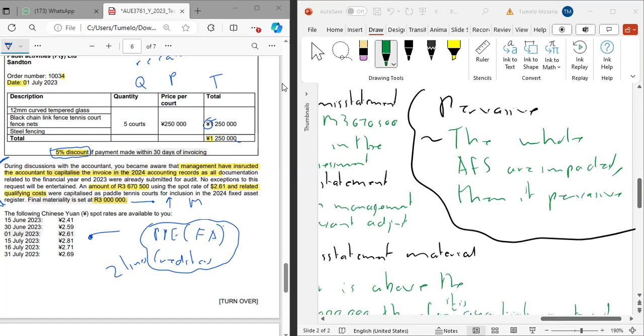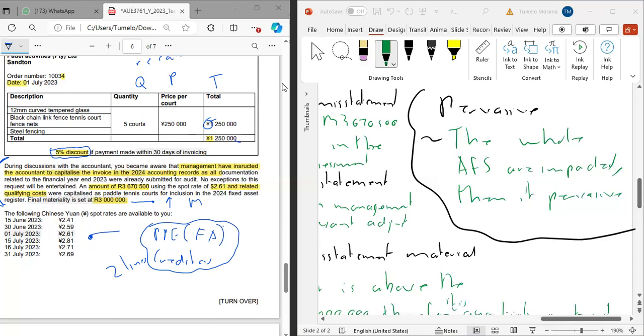Then that can qualify as a pervasive misstatement, which would make our audit opinion qualified if it's one. But if it's more than one mistake, what happens? If it is more than one mistake, it is still not pervasive.